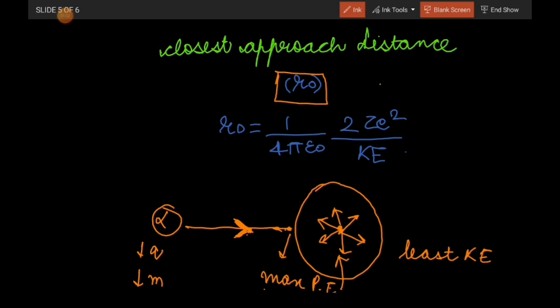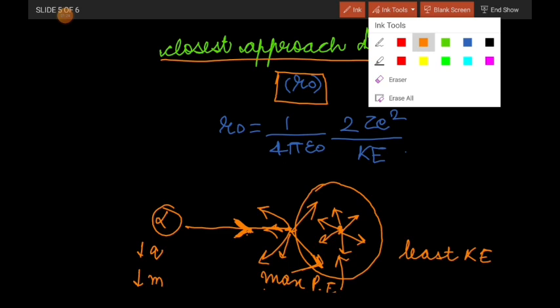After that, the particle will reverse its direction. Either it will go this way or that way, or trace its path back, or deviate, but it can no longer approach closer to the nucleus. It will repel itself from the nucleus. That is known as the closest approach distance. So what is the formula for the closest approach distance?